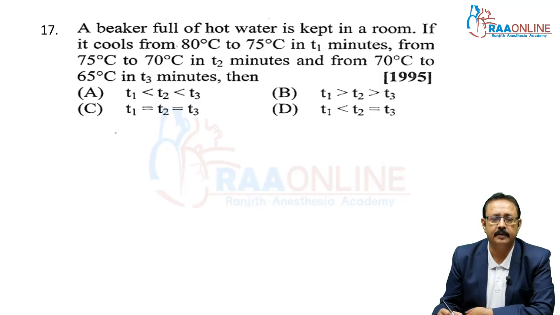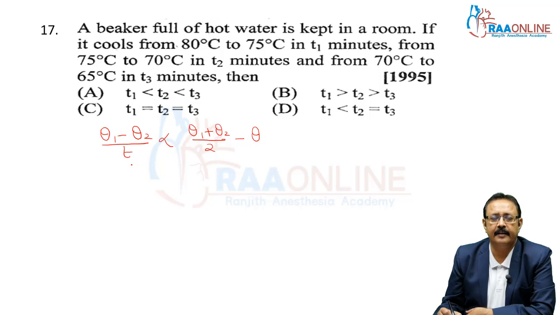We know from Newton's law of cooling that the rate of cooling is directly proportional to mean temperature minus temperature of surroundings. In this, what you are observing, 80 to 75 means the difference is 5 degrees.